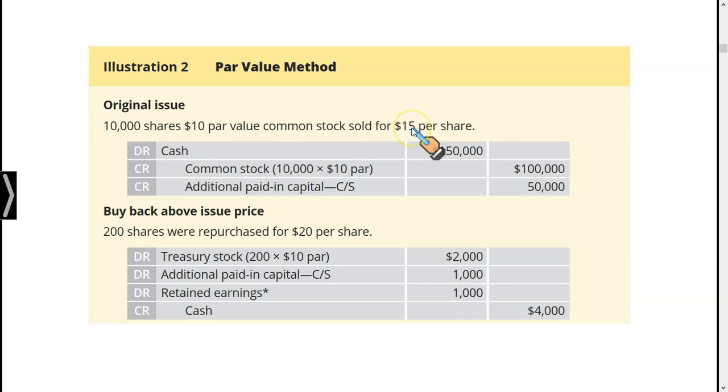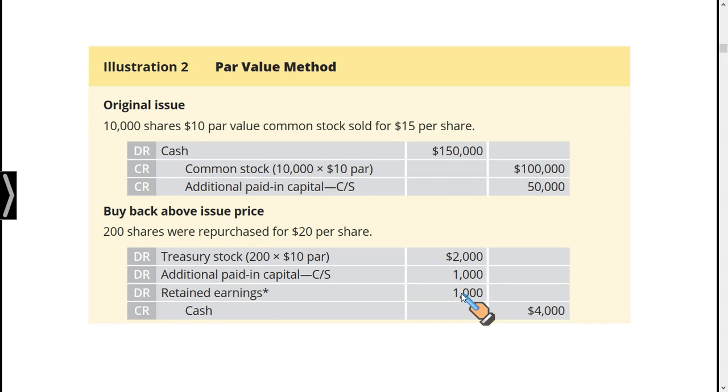So you're going to take $5, which was the additional paid-in capital at original issue, 5 times 200, 1,000. That is the reversal of additional paid-in capital. And the balance of $5, because remember, we are repurchasing at 20, so that is $10 higher than par, of which $5 is the additional contributed capital on the initial issue, and $5 we are paying more. That goes to retained earnings. Remember, any treasury stock transaction does not enter the income statement.